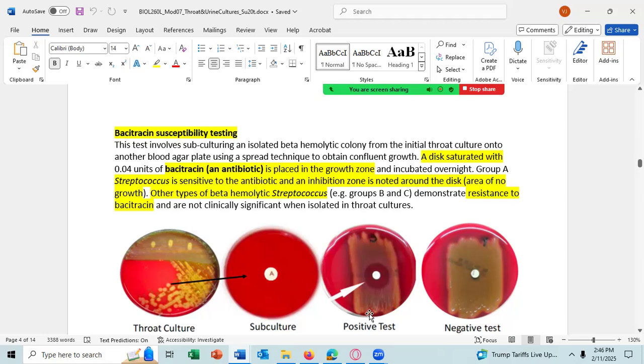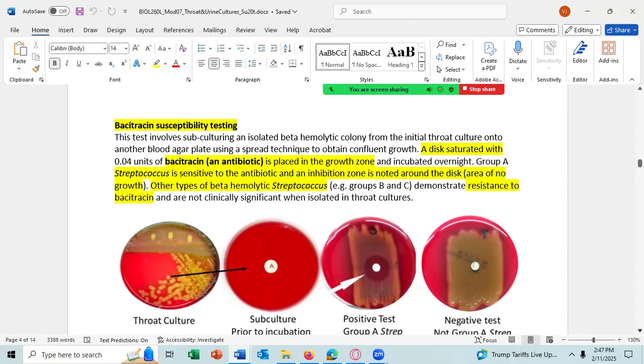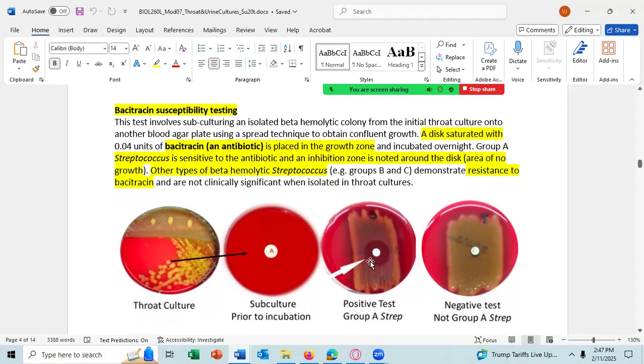And if you get a positive bacitracin test where there is a zone of inhibition of a certain size, then it's positive for Streptococcus pyogenes, which here is labeled group A Streptococcus.